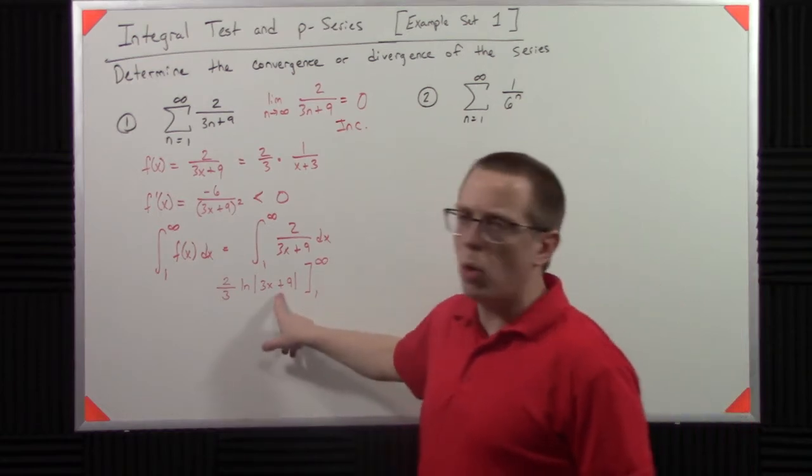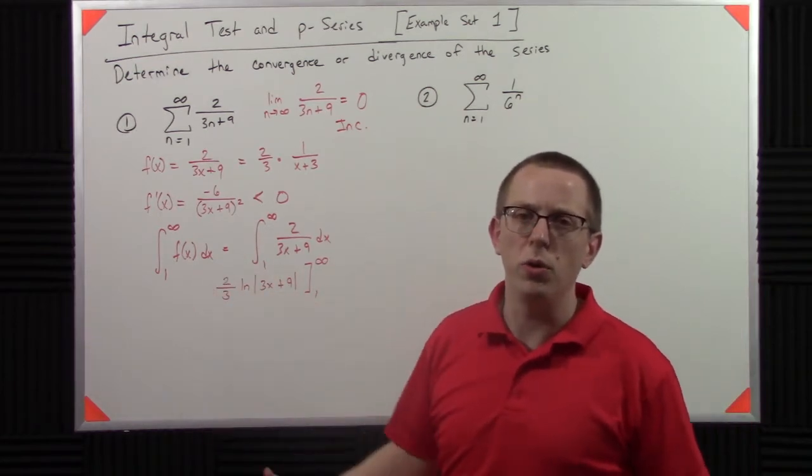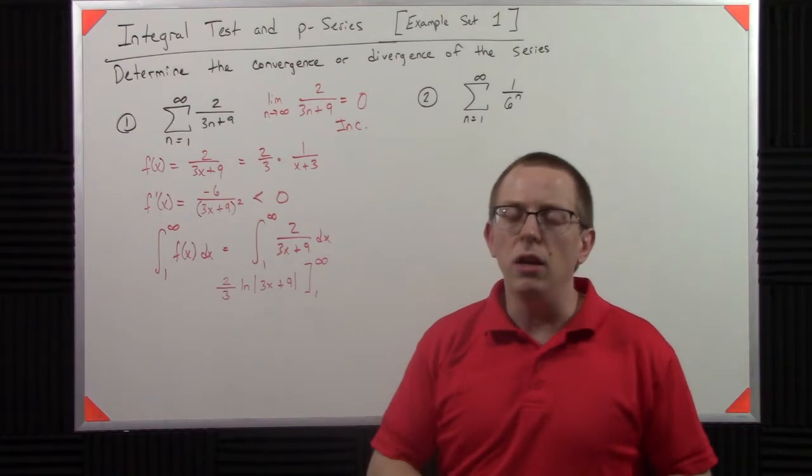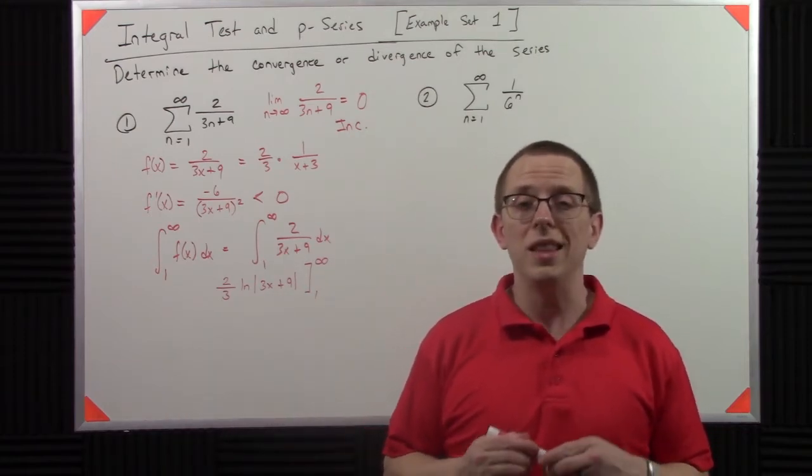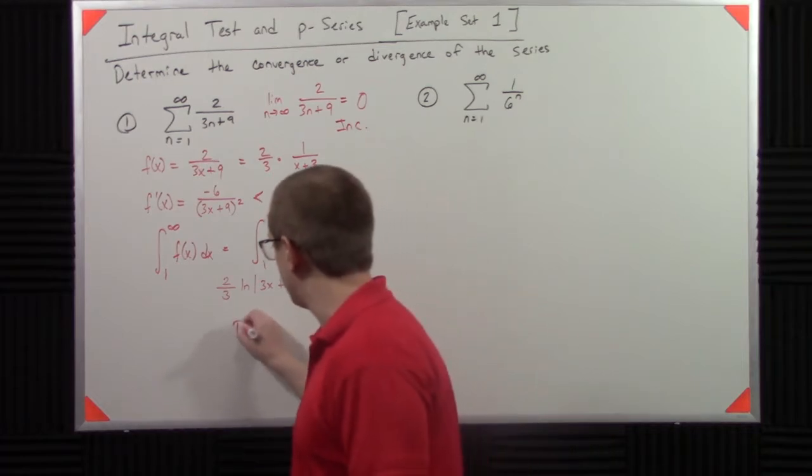Now if you plug in 1 here, it's just natural log of 12, who cares? But if you plug in infinity, that's going to be like a natural log of infinity. So what this tells me is that this integral diverges.